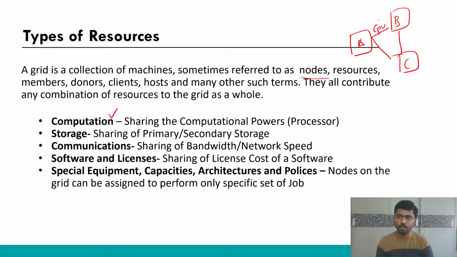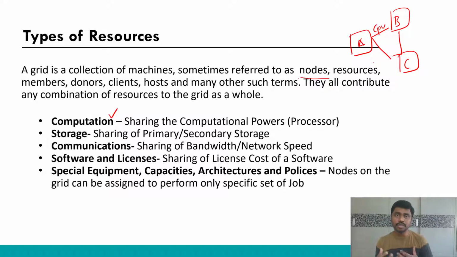One was splitting the job between all three nodes. The other was A alone taking the capacities from B and C and then trying to solve the problem.